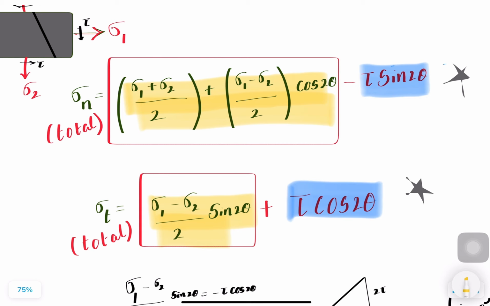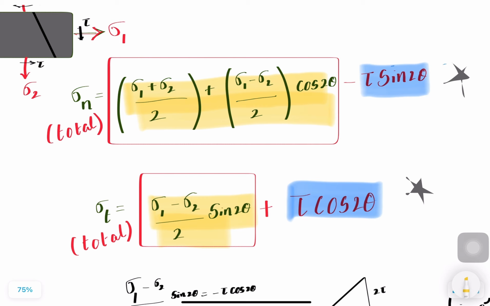Once you differentiate this particular equation with respect to theta and equate it to 0, that is the plane that carries the maximum normal stress. So once you know the value of theta where d sigma divided by d theta becomes 0, that value of theta, when you plug it here, is going to give you the expression for the maximum normal stress.